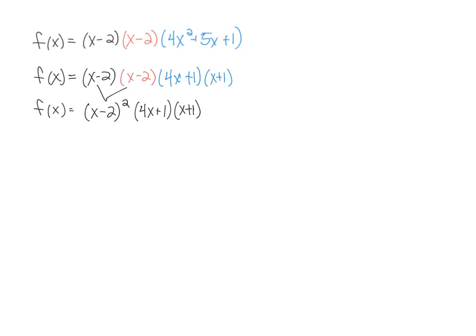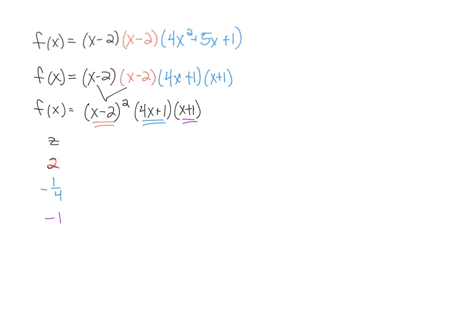Now the original direction was to graph this polynomial. So that means we have to go back and get our zeros, and our zeros are going to be 2. Let me use some colors here. 2 from this factor, it'll be -1/4 from this particular factor, and it will be -1 from this factor.